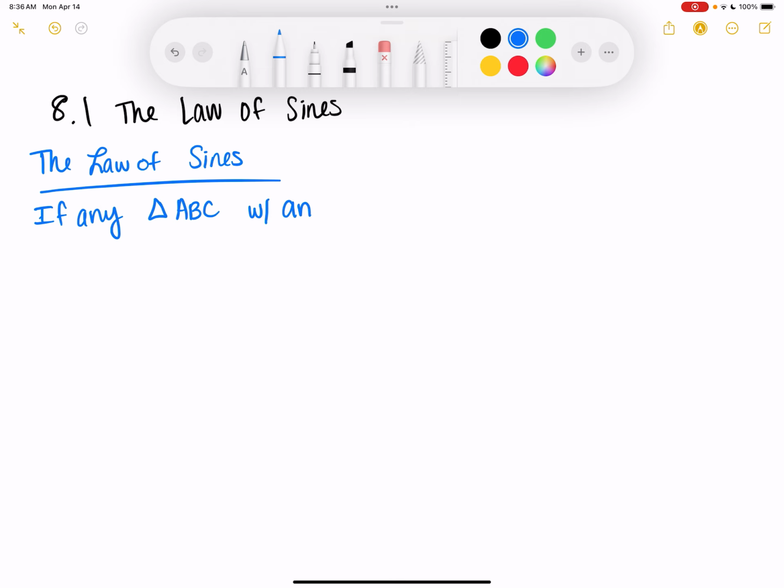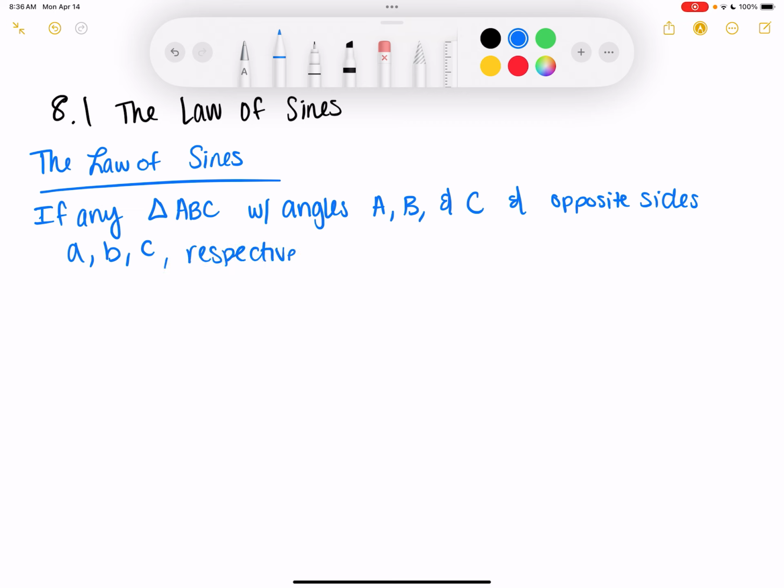With angles A, B, and C, and opposite sides little a, little b, and little c. So angles will always be capital letters, side lengths will always be lowercase letters, respectively. The following is true.